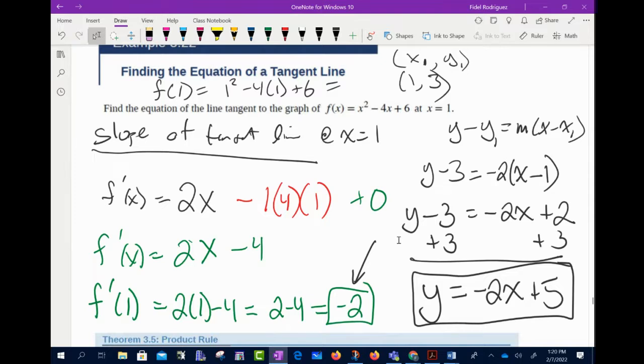So we found the equation of our line tangent to the graph of f of x equals x squared minus 4x plus 1 at x equals 1.